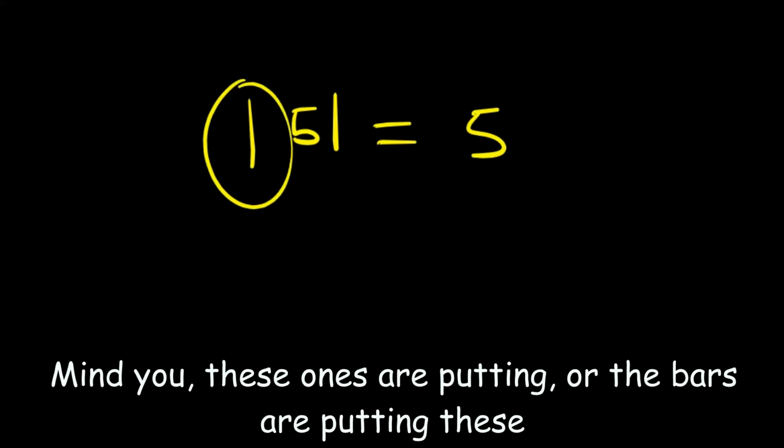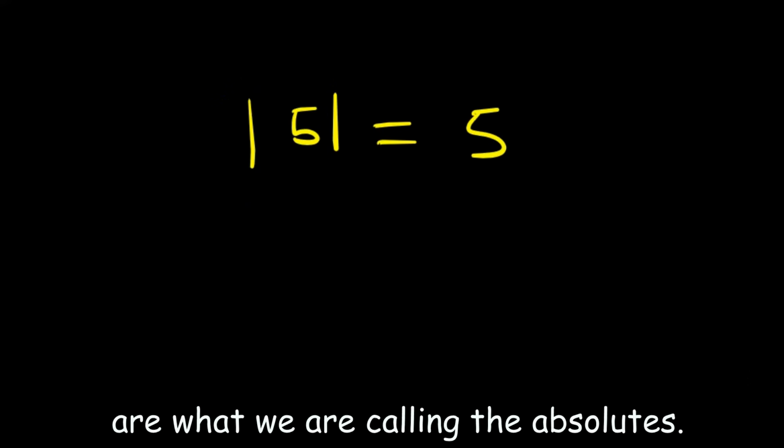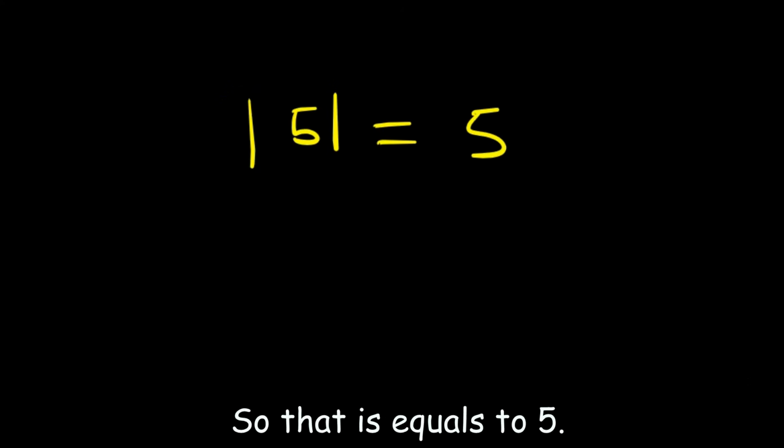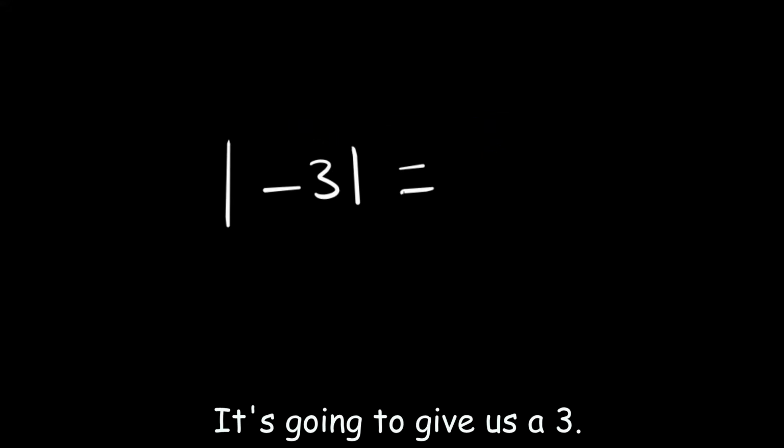So for example, the modulus of 5 will give me 5. Mind you, the bars I'm putting are what we call the absolutes. The modulus of negative 3, what is it going to give us? It's going to give us a 3.